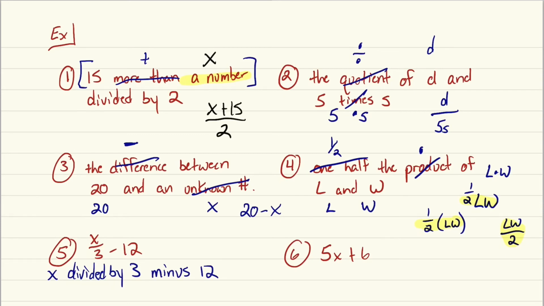So that's fine, but when I go back to reread that, and I say x divided by 3 minus 12, that doesn't really fit how we've done things above, right? We have to do a little bit of editing, right? We know that this 12 is being taken away from x divided by 3.